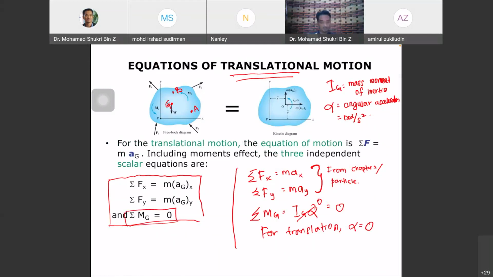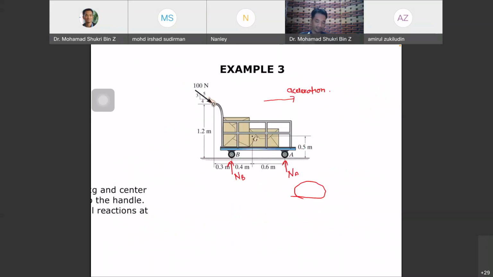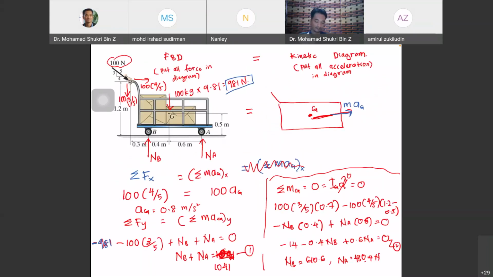Boleh tak saya nak ambil summation moment of selain daripada G? Contohnya summation moment pada point boleh, tapi kita kena summation moment juga pada point A dekat sini. Okay. Tak payahlah, nanti saya terang mula lah. Rotation. Itu penting. Okay. So buat masa ni, gunakan rumus ni lah.